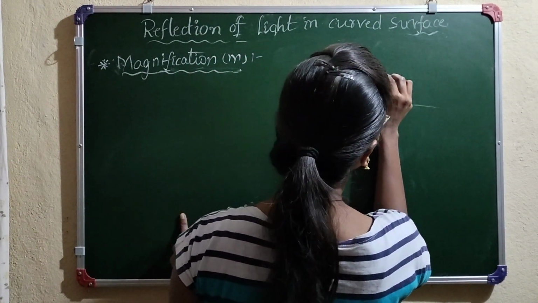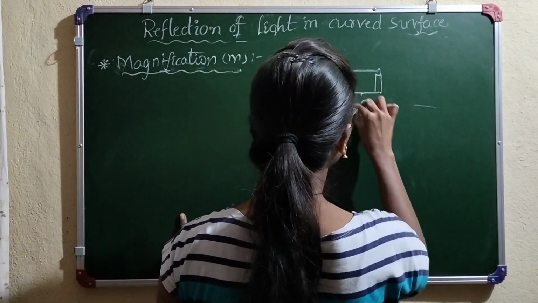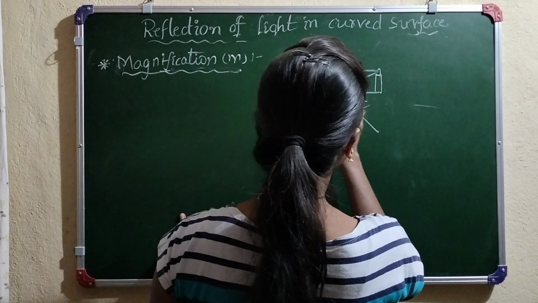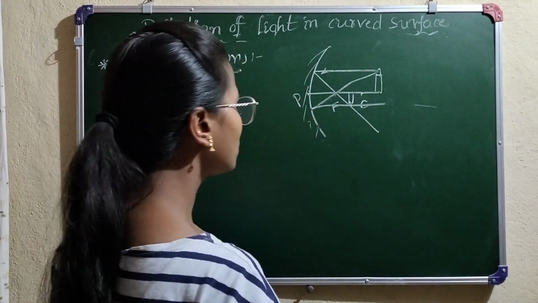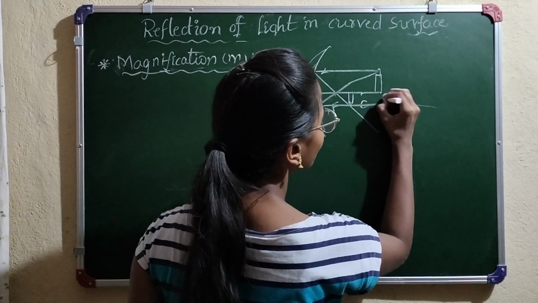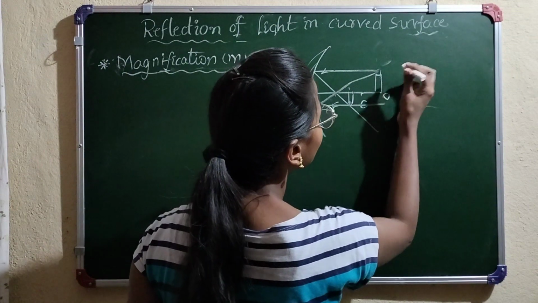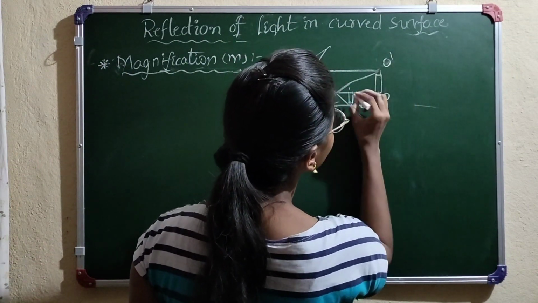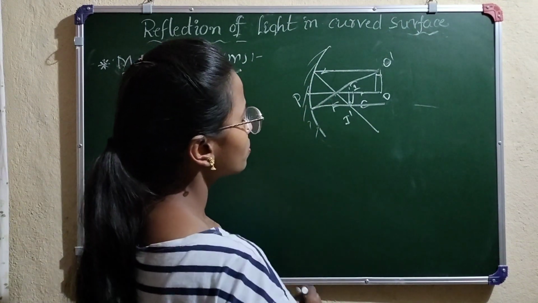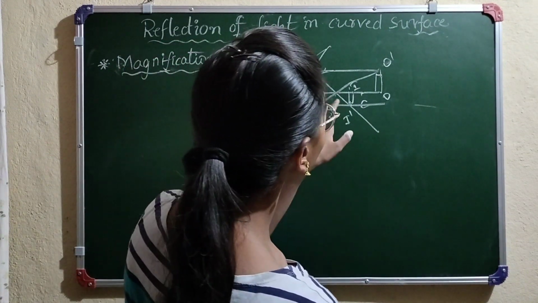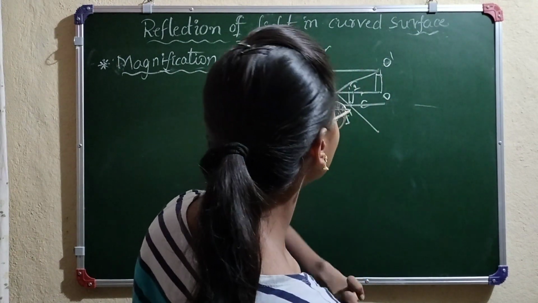I am keeping an object here. Now this point I am taking as the object, O dash, and this is the image, I dash.